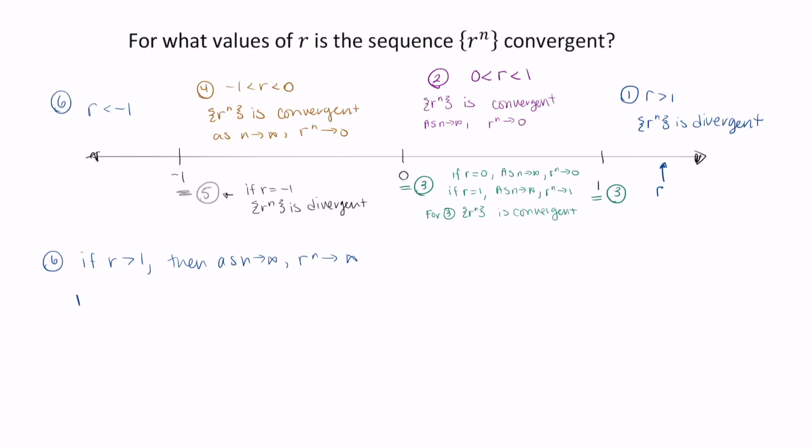Now in this case, r is less than -1, but the absolute value of r is greater than 1. So very similarly, as n approaches infinity in this case, the absolute value of r to the n will also approach infinity. So we again have a divergent sequence if r is less than -1.